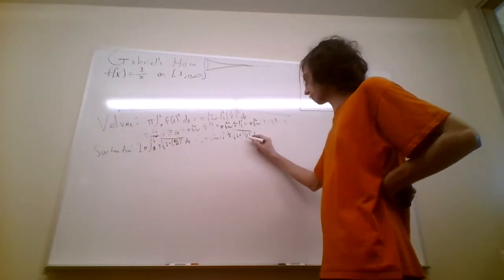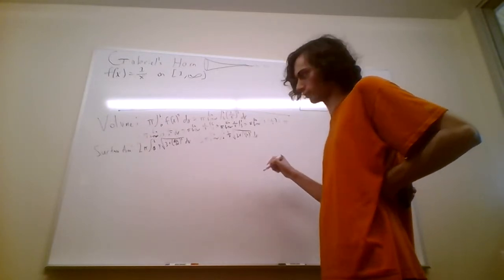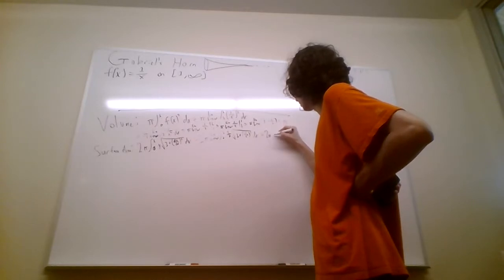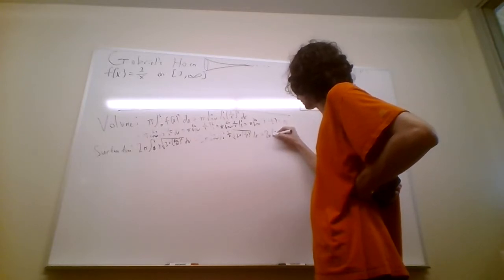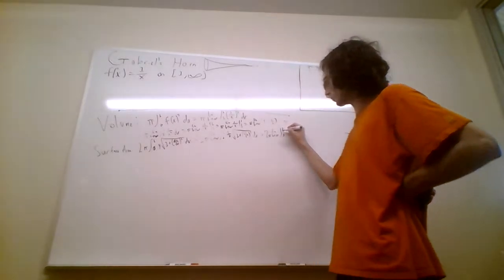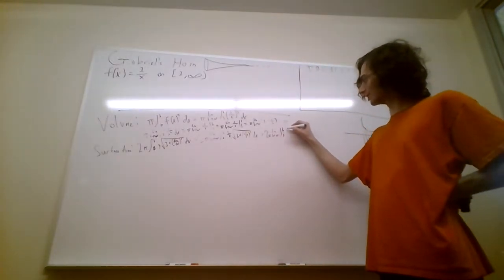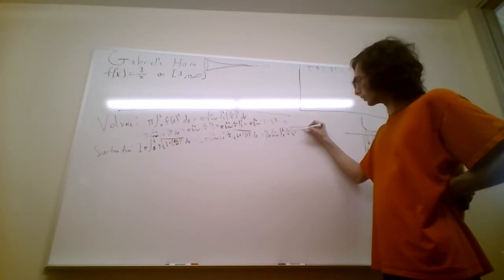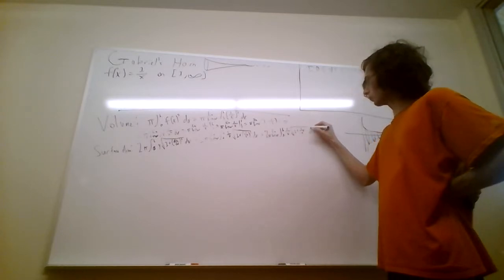I'm going to square that 1 over x squared to make it 1 over x to the fourth. So 2 pi limit b approaches infinity, from 1 to b of 1 divided by x squared times the square root of 1 plus 1 divided by x to the fourth, dx.